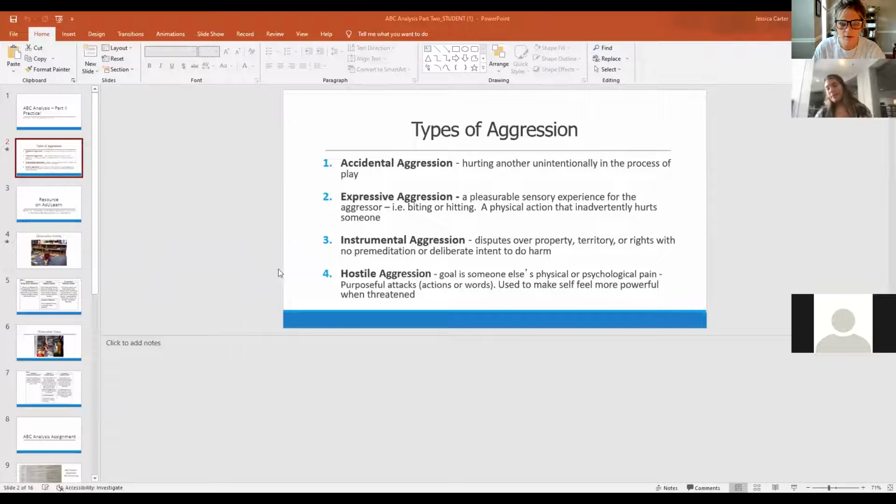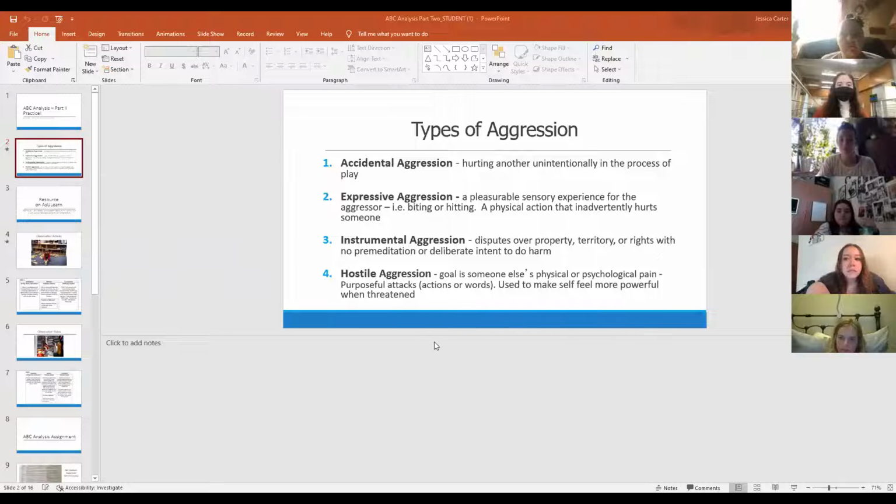Okay, so first of all, I want to review these four types of aggression that we touched on last time. Are y'all able to see that? So there were four major types of aggression that we see in young children.